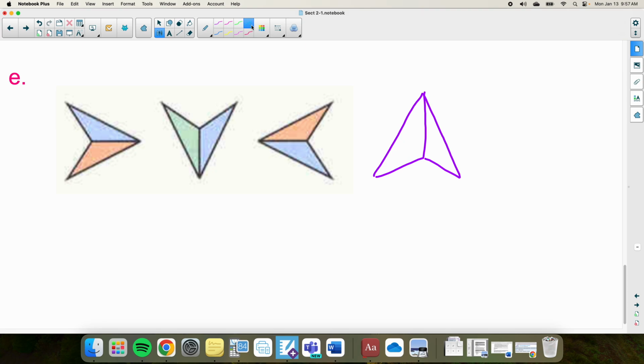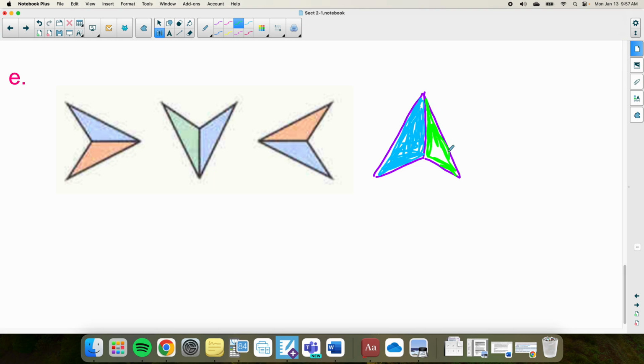I'm gonna just do blue there. So it was on top, and then you'll see it was on the right side, on the bottom. So which side would it be on here? The left. So this is that color. And then we have to decide what color to do the other side. And notice over here it was orange, green, orange, so this one would be green, right? So then we can just do green here.